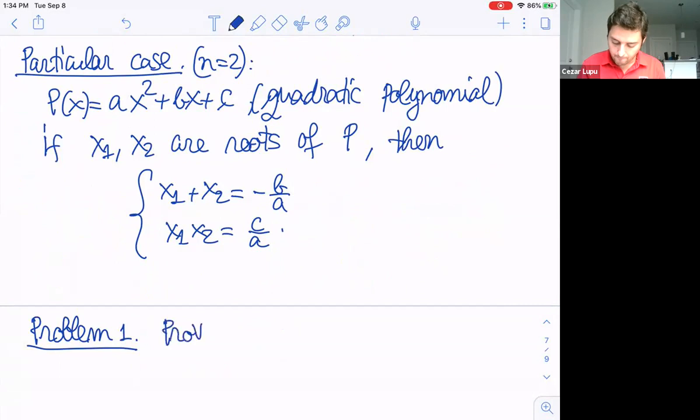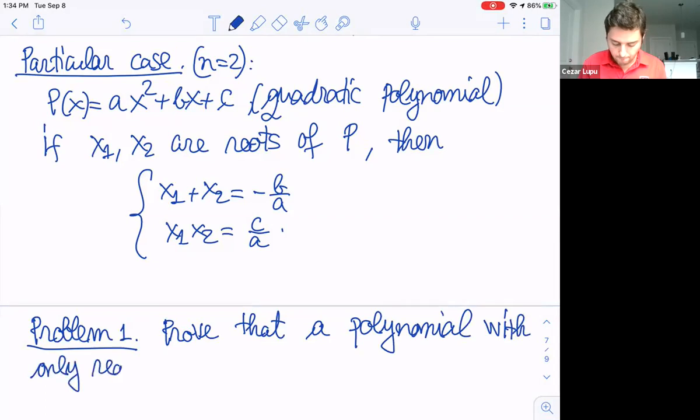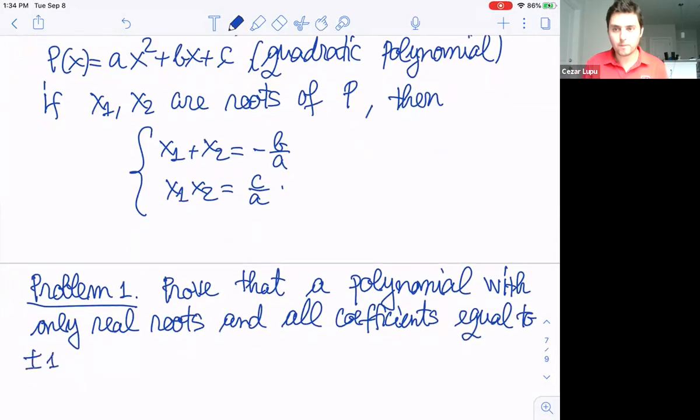Prove that a polynomial with only real roots and all coefficients equal to plus or minus 1, right? Has degree at most 3.